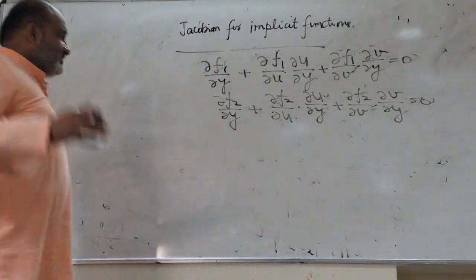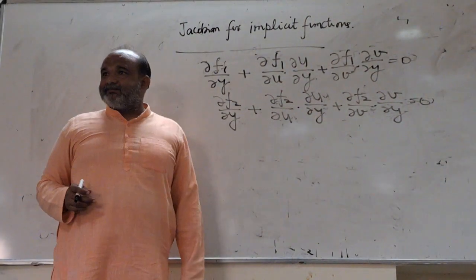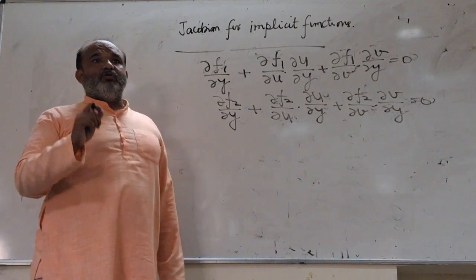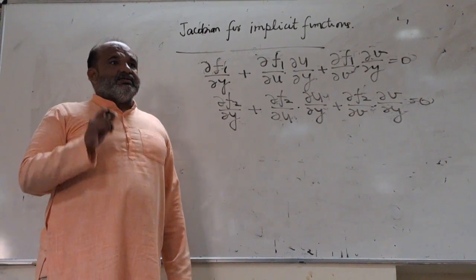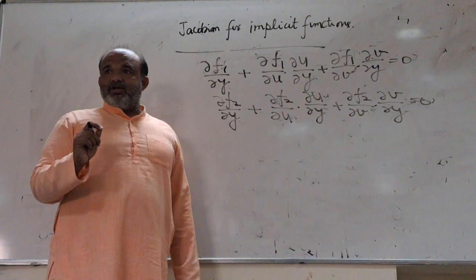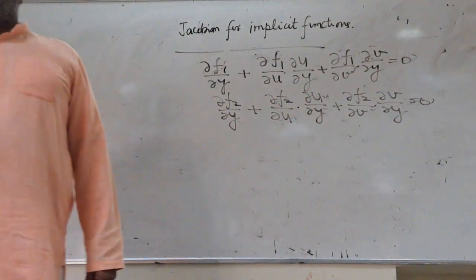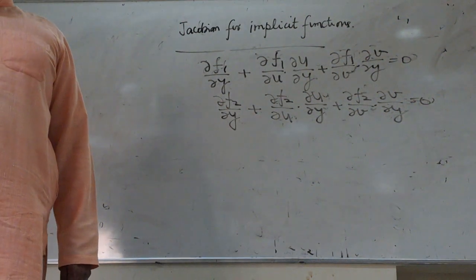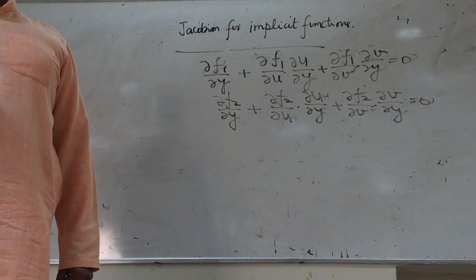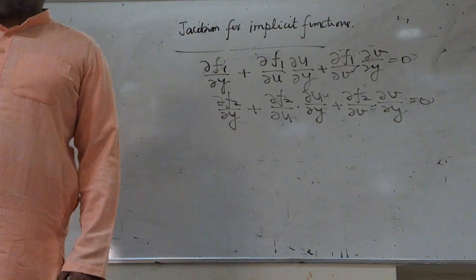Okay. So what was there for del u over del x? That is minus Jacobian of f1 f2 with respect to x and v. So now this will be with respect to y and v.